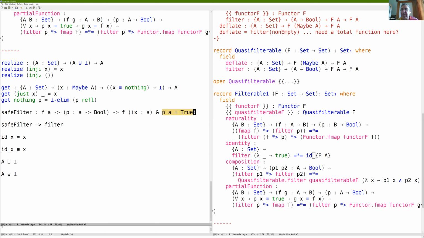I don't know if that makes any sense. I was thinking about that very briefly, but I couldn't see what to replace the function composition with on the left side of that.